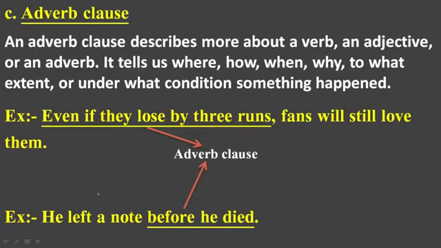Then, adverb clause. An adverb clause describes more about a verb, an adjective, or an adverb. It tells us where, how, when, why, to what extent, or under what condition something happened. Example, even if they lose by 3 runs, fans will still love them.